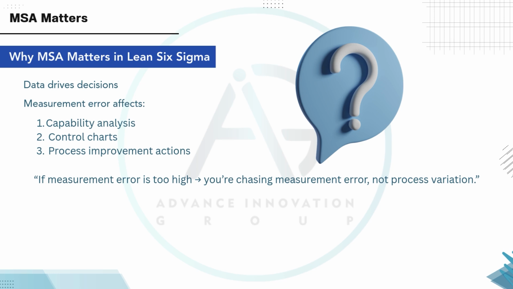If measurement error is too high, you're chasing measurement error, not process variation. This means that without a proper MSA, you might think there's a problem in the process, when in reality, it's just the measurement system giving you faulty data. So, in essence, MSA is not just a checkbox. It's a foundational step to ensure the integrity of your data before you make any critical process decisions.